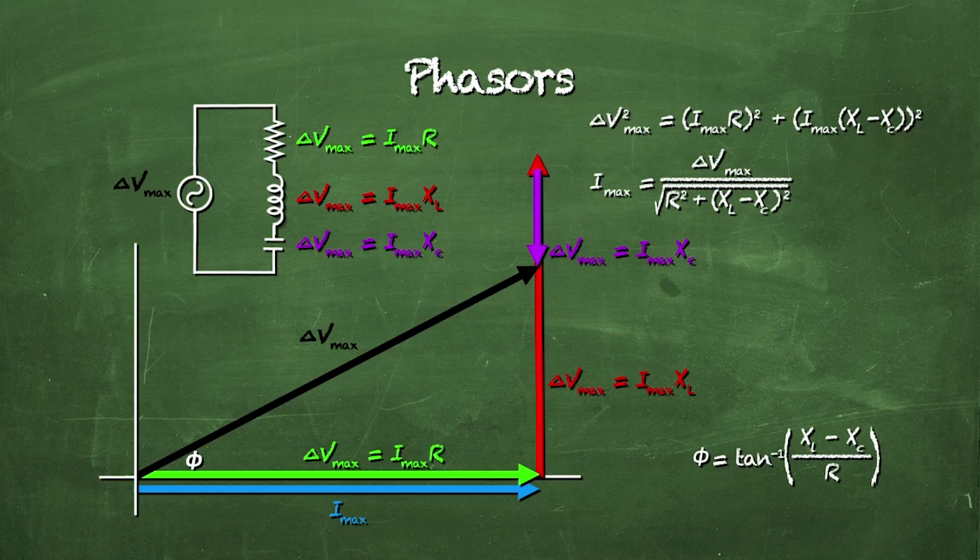So you see that's where our new expression for the impedance comes from. The impedance is the denominator in that equation. And the phase angle is equal to the inverse tangent of X sub L minus X sub C divided by R. Let's work an example.